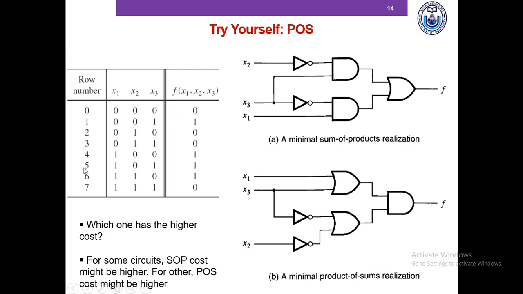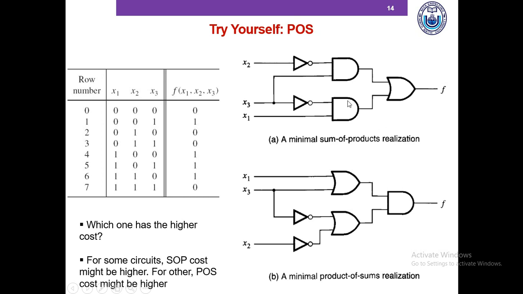Okay, so I implemented the same truth table using sum of product realization, or using Minterms, in figure A, and in figure B using product of sum realization, which uses the Maxterms. So which one has the higher cost?